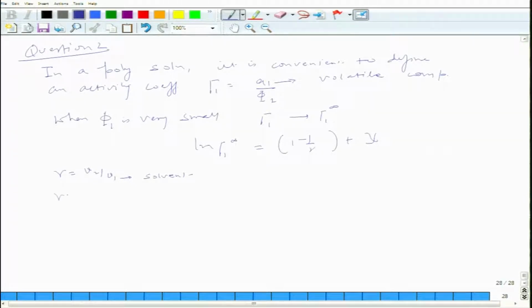What we are considering is that r is much greater than 1. This is the statement of the problem.